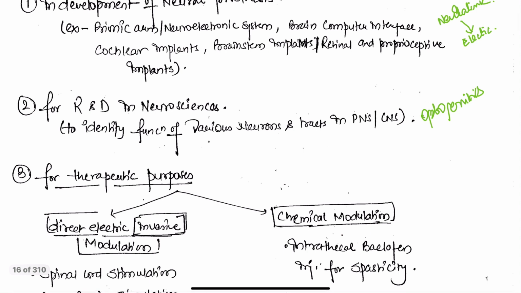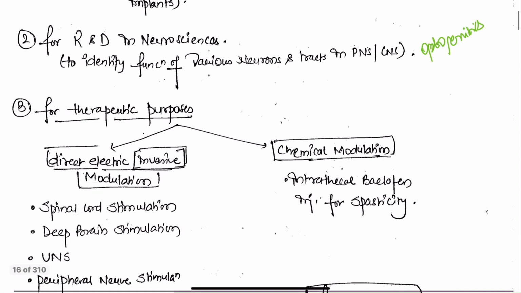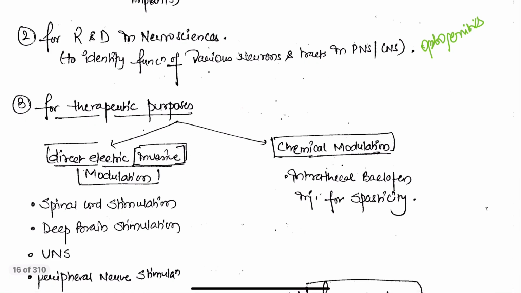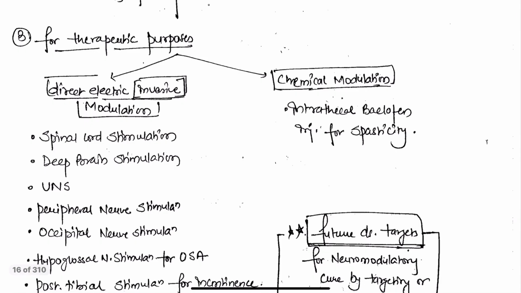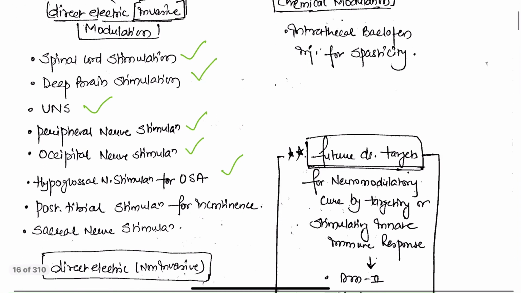For therapeutic purposes, we have two types of modulation. One is direct electrical invasive modulation, the other one is chemical modulation. Direct electrical invasive modulation includes spinal cord stimulation, deep brain stimulation, vagal nerve stimulation, peripheral nerve stimulation, occipital nerve stimulation, hypoglossal nerve stimulation for OSA, posterior tibial stimulation for incontinence, and sacral nerve stimulation for incontinence.